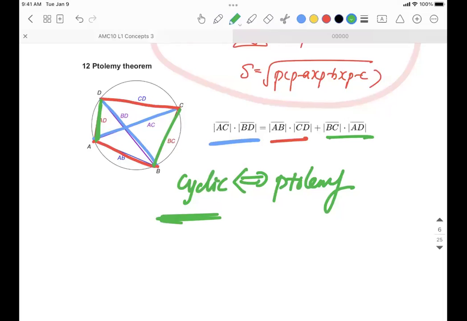So that being said, this works in both directions, from left to right and from right to left. If the quadrilateral is cyclic, it has a Ptolemy relationship. And if it has a Ptolemy relationship, it is cyclic, back and forth.